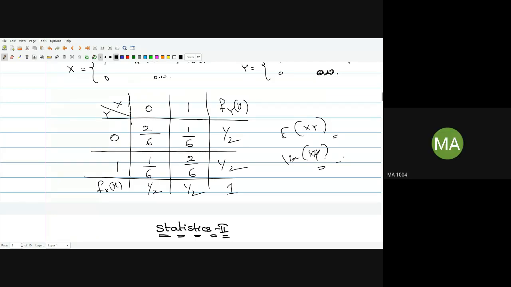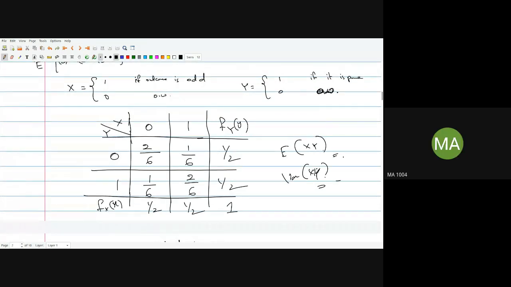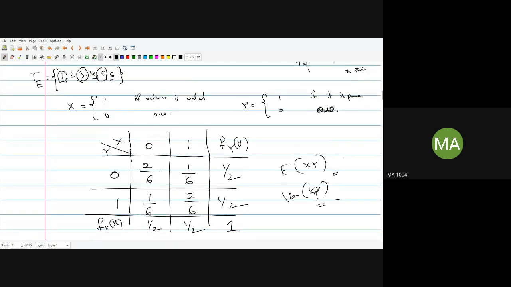Sir, actually, in this I took 1 as also prime. Sir, 1 is not prime, right? No. 1 is never prime. 1 is neither prime nor composite. It will not affect the calculation, I think.